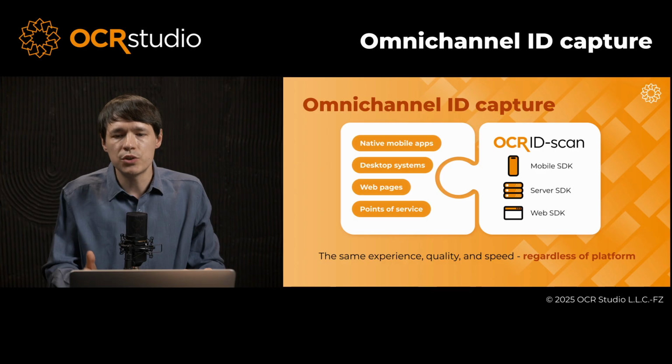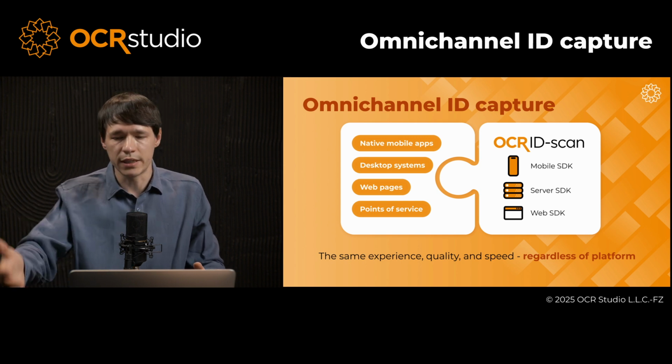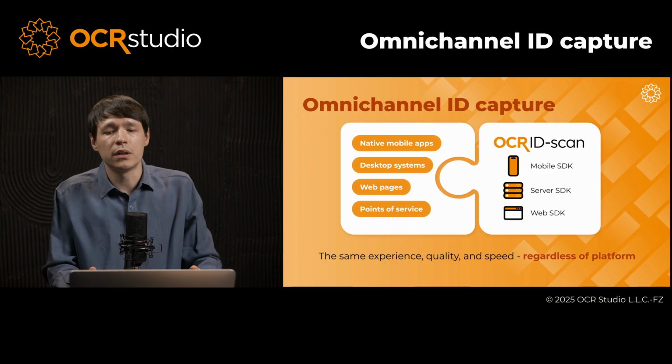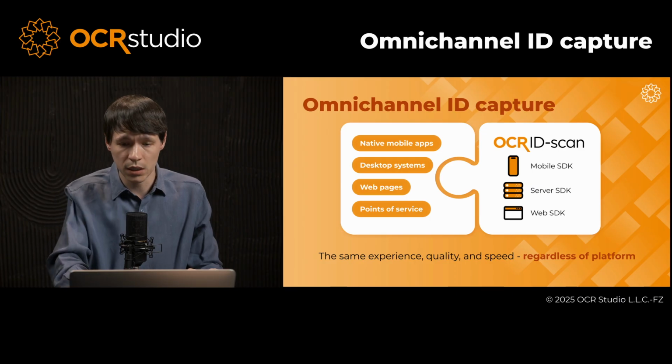This leads to each process requiring an ID being automated only partially. For example, only on a website or only via an app. Or it could have different processes or different sets of functionalities depending on the channel. So at OCR Studio, we believe that ID capture should not be restricted to a single channel.